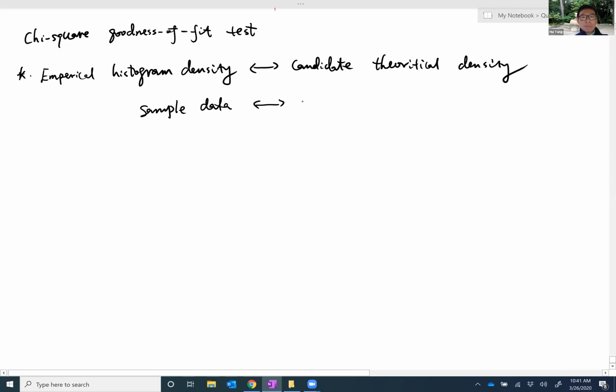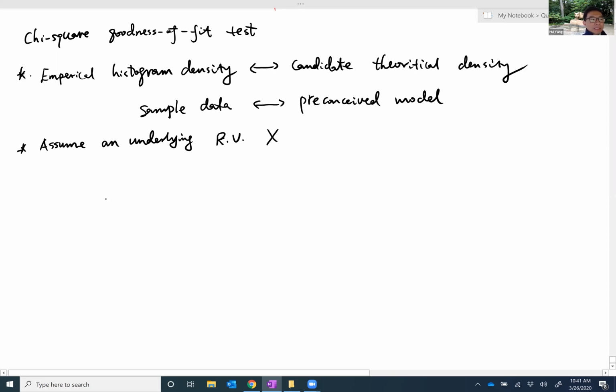We have a preconceived model. We want to see whether there's a good fit to the sample data with a preconceived model. For example, assume you have an underlying random variable x.